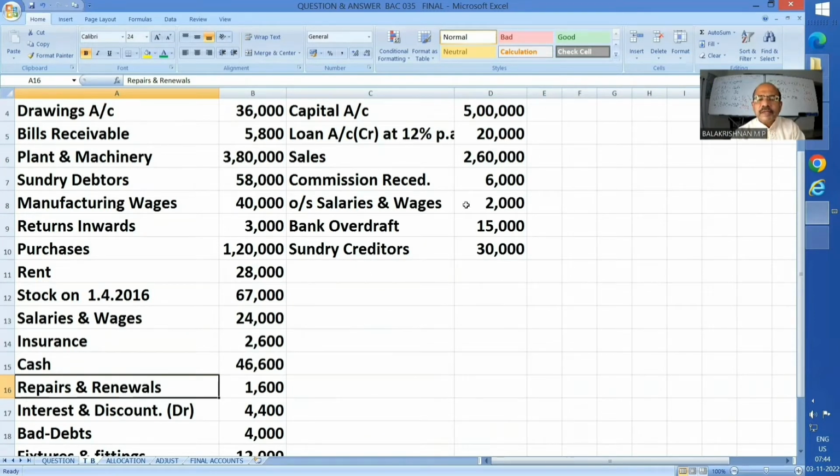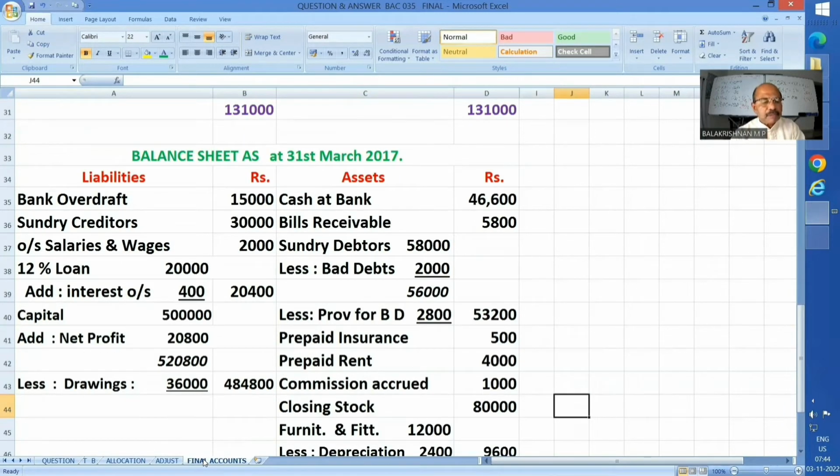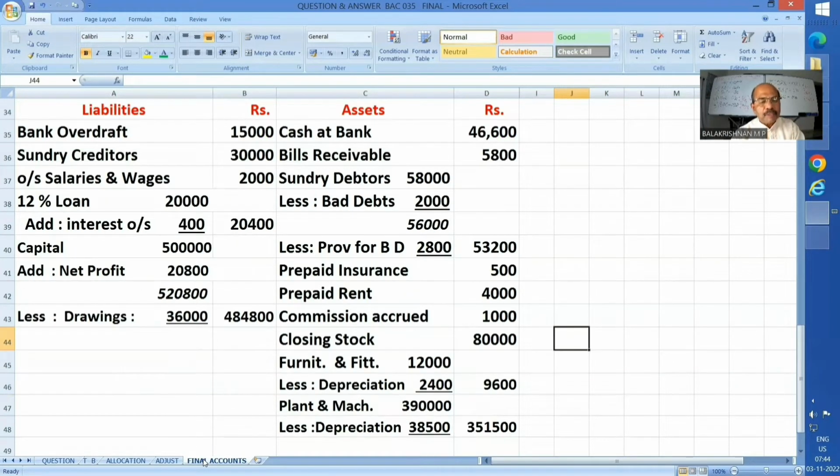An item given in the trial balance as an outstanding expense means it has already been accounted. So any item from the trial balance will move only to one place. They have already accounted salary and wages debited to outstanding wages. Hence, this outstanding wages has surfaced. It is only a liability now, so that is taken on the liability side.